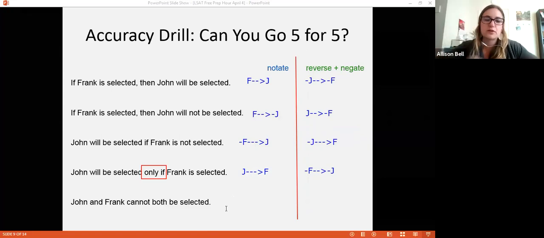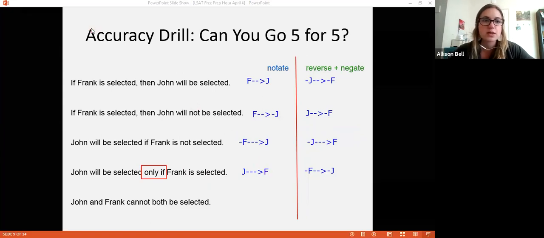The function of the only if is to set up the requirement or guarantee. So when you see the only if, that only if condition is going to be on the right side. It's the guarantee, the requirement, the thing that has to happen.